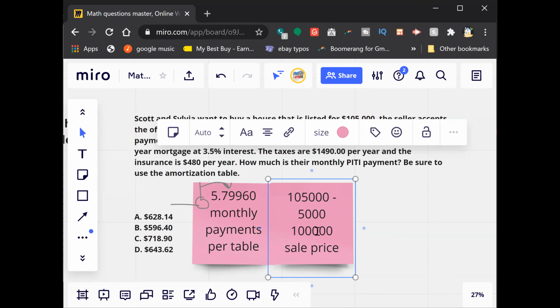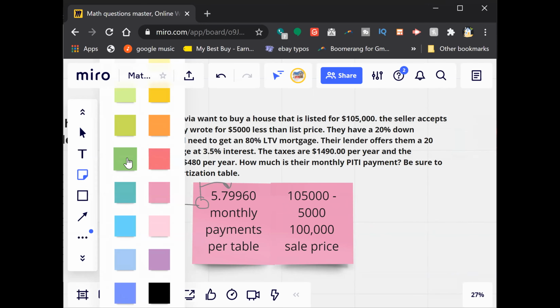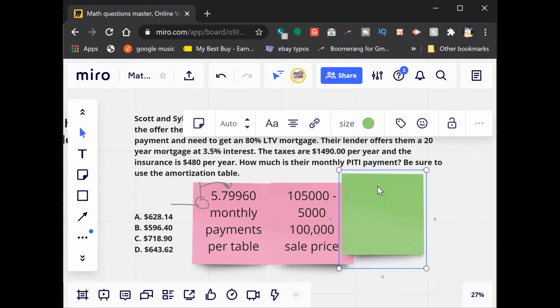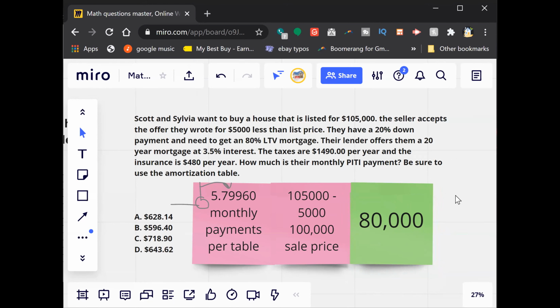Now, what is the next thing we have to do? We have to figure out the loan amount, right? We have to figure out how much the loan is going to be. So the loan is going to be $80,000.